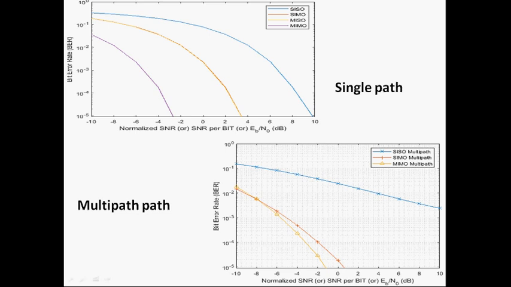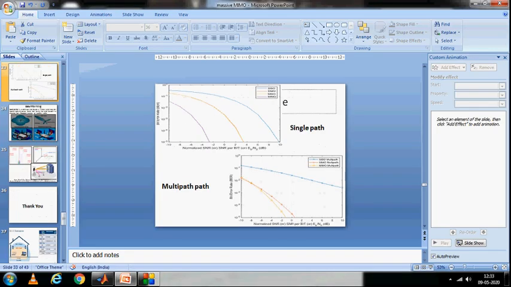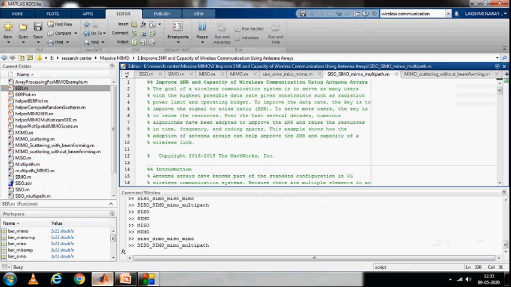When you observe single path MIMO, its performance is close to -3 dB normalized SNR, and multipath MIMO is offering I think -1 dB. It is offering good performance when compared with the other wireless communication. Let me check the simulation. Actually this simulation will take some time.